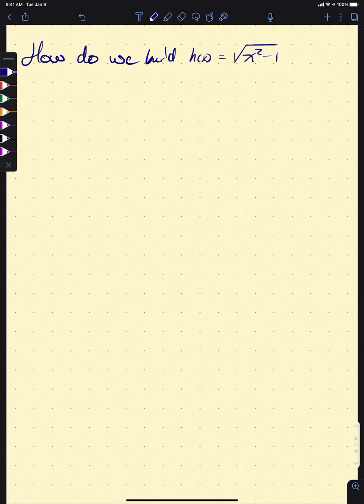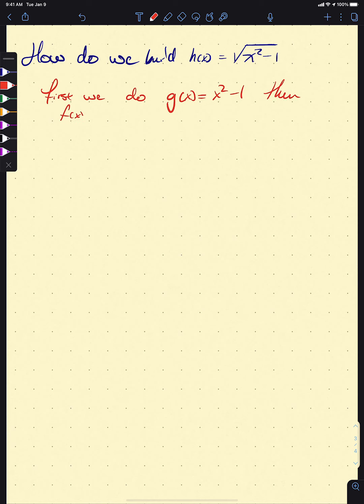But think about how you would actually go about evaluating this. If you were to evaluate it, first you would probably calculate x squared minus 1, then you would take square roots, right? So h of x is actually sort of two functions. First we do something like g of x is x squared minus 1.